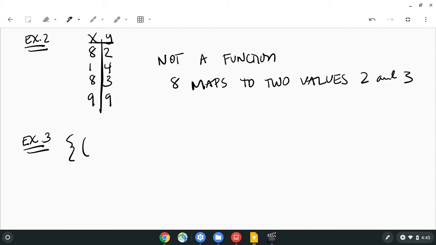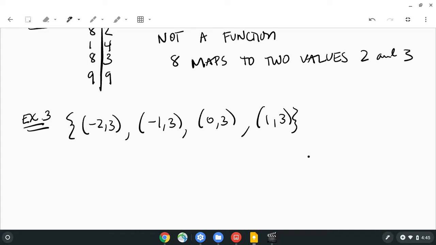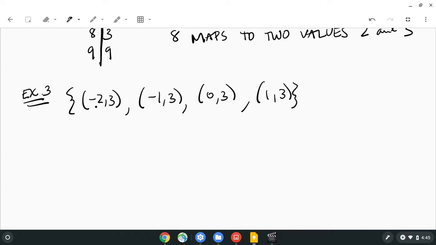Suppose that it's written like this, -2, 3. I have that point, -1, 3, 0, 3, and 1, 3. Okay, suppose that I have these points. Does this represent a function? Okay, so here's my x value, -2. Here's my x value, -1. Here's my x value, 0. And here's my x value, 1.